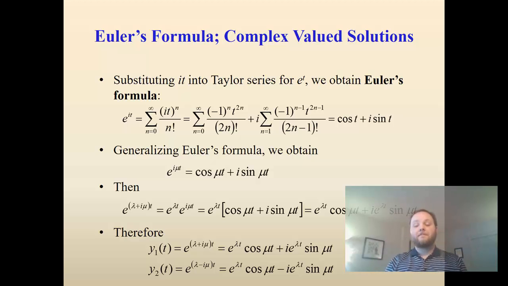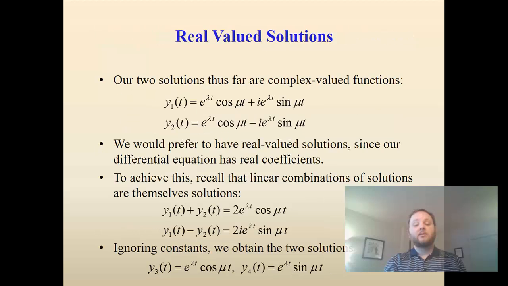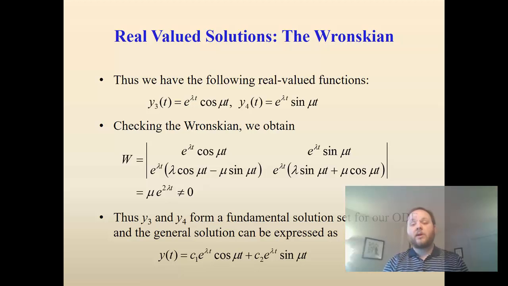So my complex exponential is an exponential function times a trig function. In fact, if I plug both of my solutions from the previous slide into Euler's formula, and add and subtract them, it turns out that these solutions, e to the lambda t cosine of mu t and e to the lambda t sine of mu t, are themselves a fundamental set of solutions when I take the Wronskian determinant.